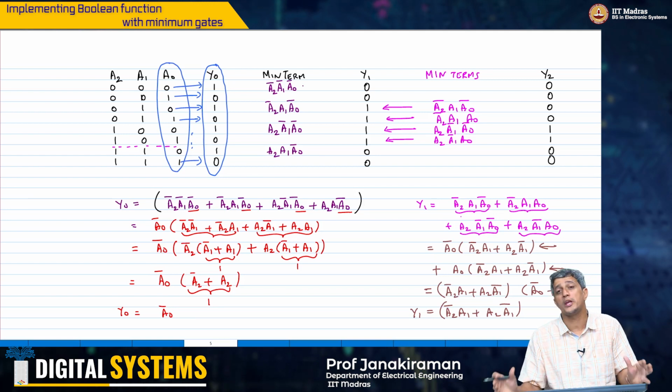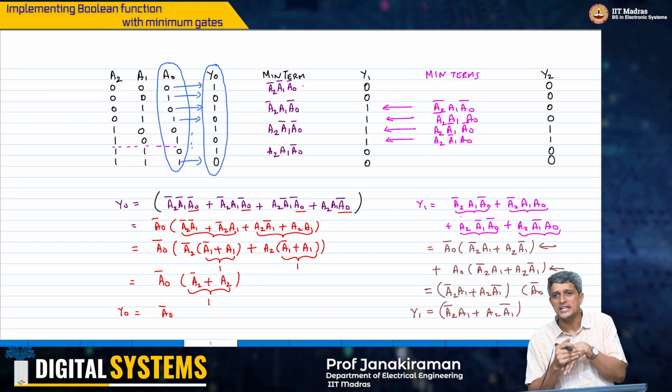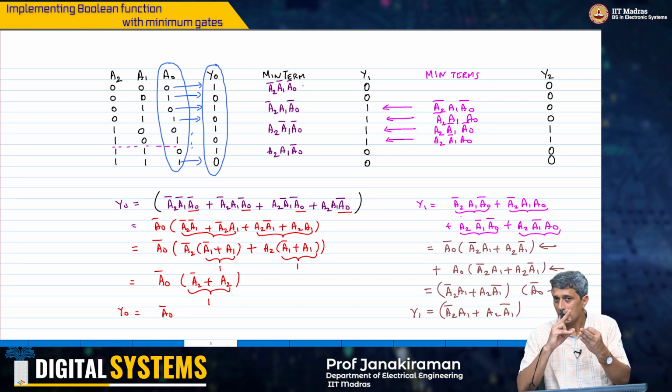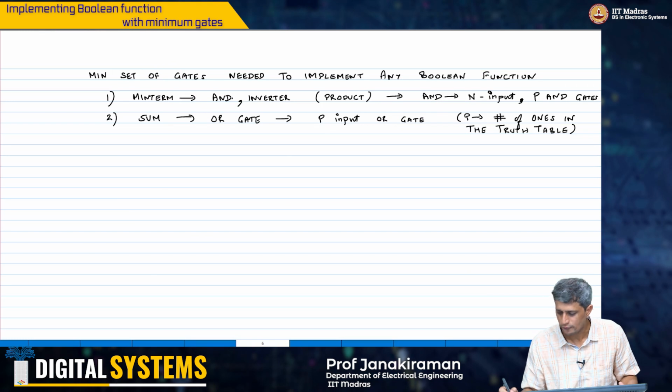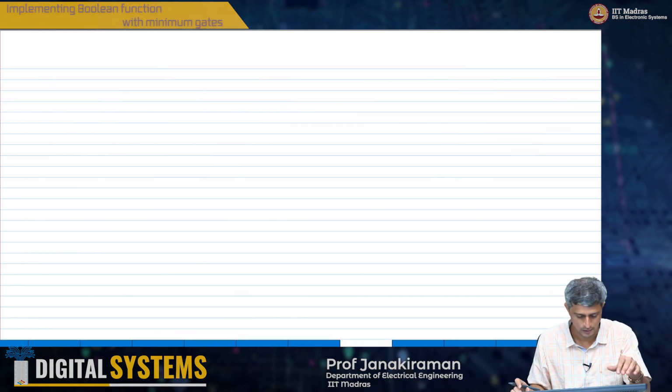We want to bring it down to this because that is what allows us to implement it with least area, delay and power. All of this I will talk about later when I highlight delay and other things.